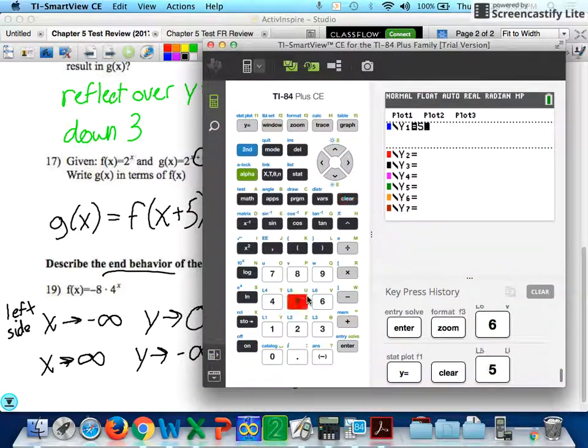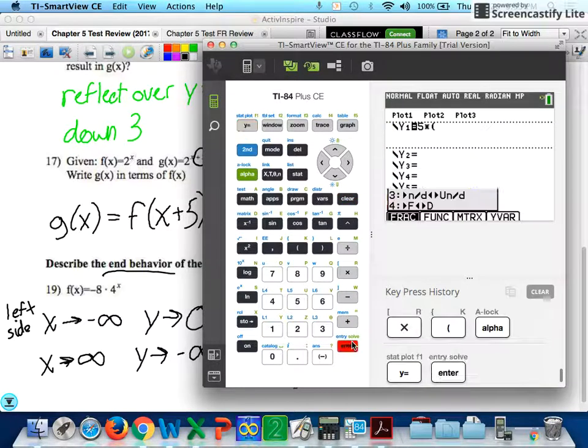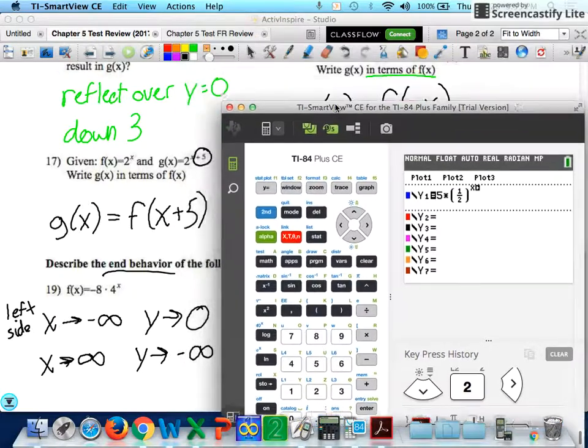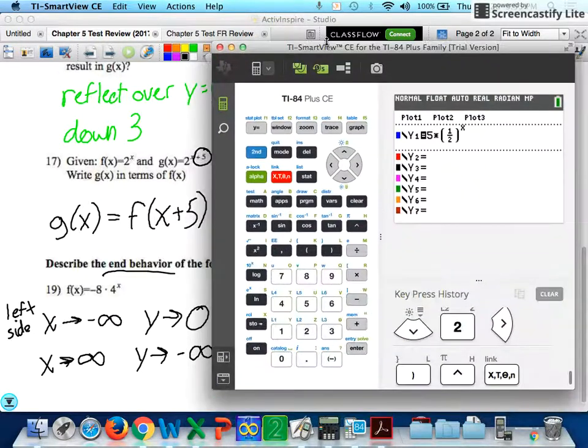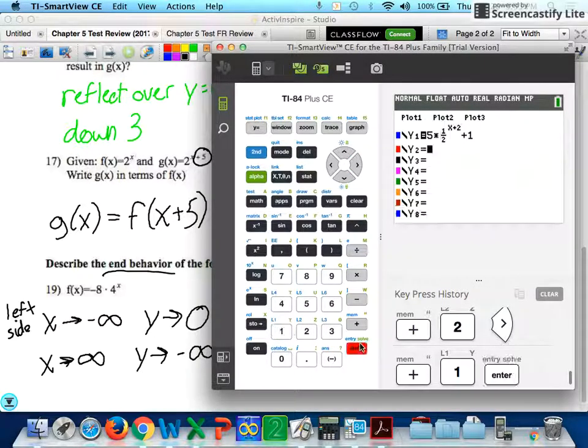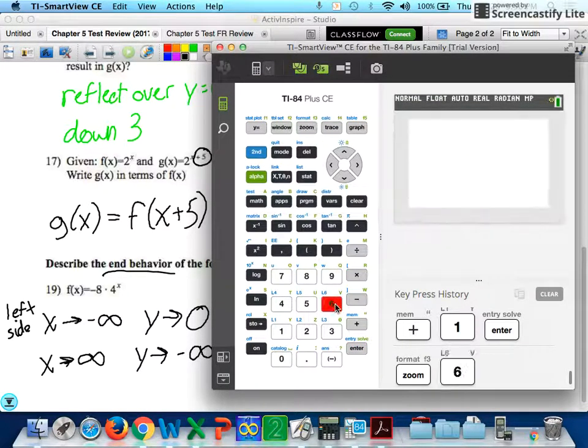So it is 5 times 1/2, alpha y equals, enter. You could also put it as just 0.5 or 1 divided by 2. Either one works. And then we're raising it to the x, and I believe it was plus 2 power. Don't forget to arrow out of there and do the plus 1 that's on the very end. So that's a big, crazy equation, but our calculator can graph it just like it would any other thing. So we go zoom 6, and we wait and watch our graph pop up.